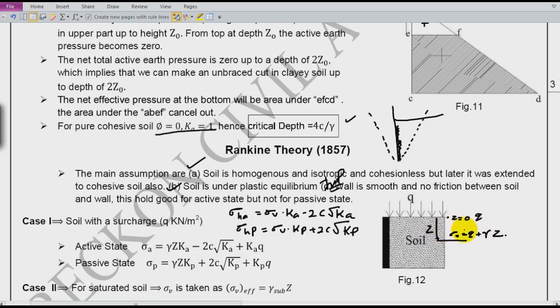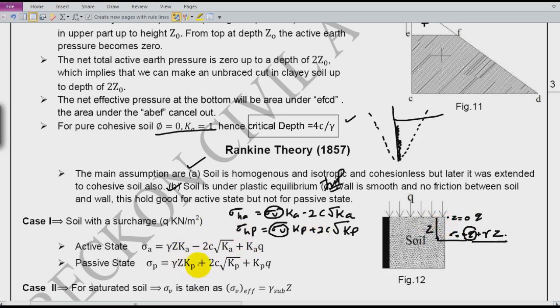If you put sigma V in the formula, what you will get is written here. So sigma A becomes gamma z Ka minus 2c root of Ka plus Ka q. Ka q is because of this q, which is a surcharge.